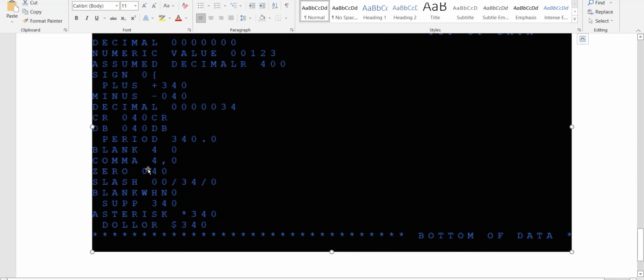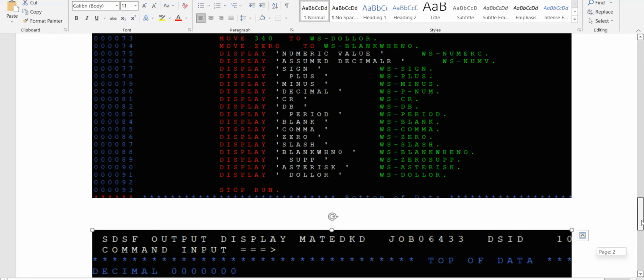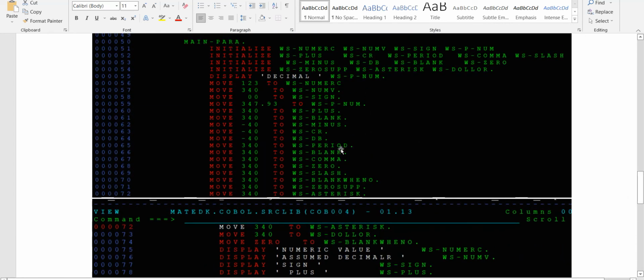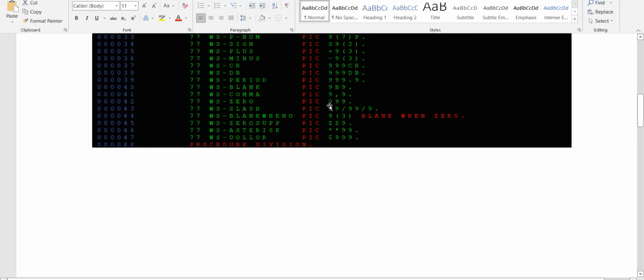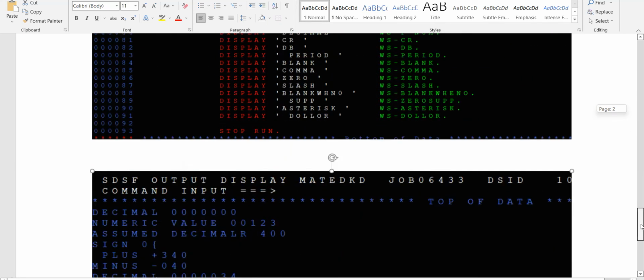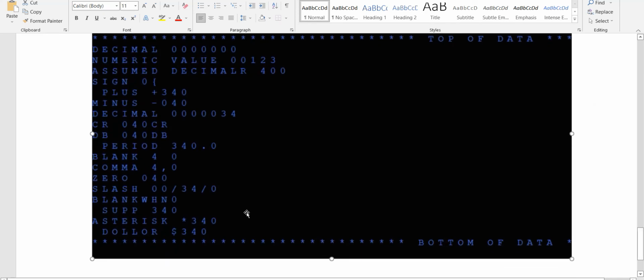Okay, and 0, what is the 0 we have given? See, 340 we have moved, and how did we declare 0? See, 099. So after 0 there are 2 digits, right? So it took 0 and 2 digits only. Value is 340 we have moved, but only 2 digits we take from right to left.